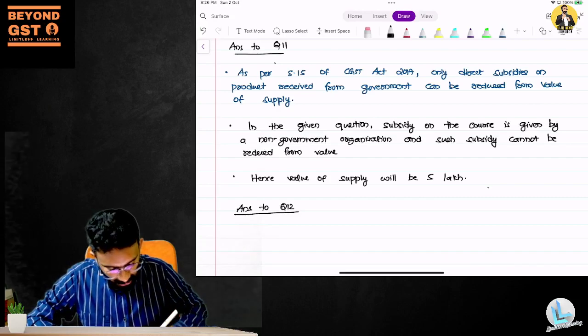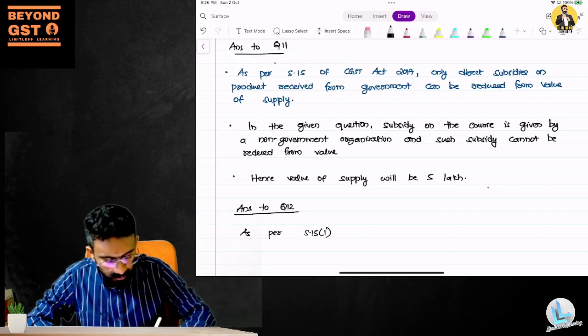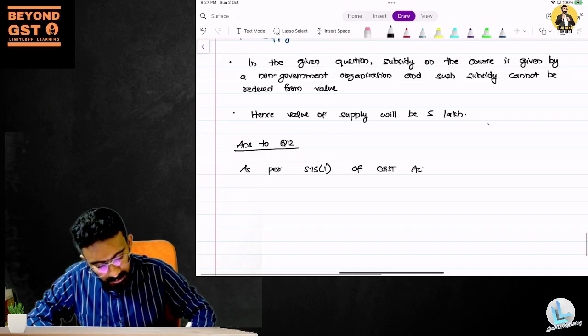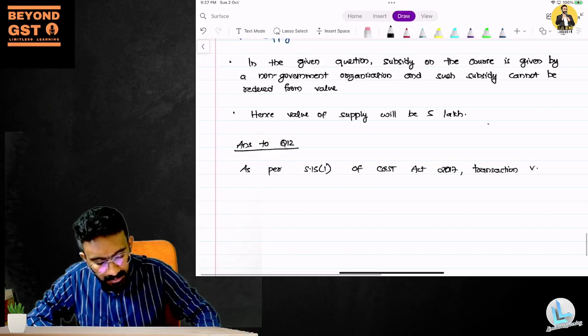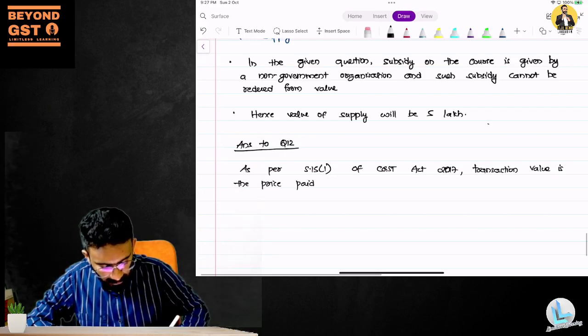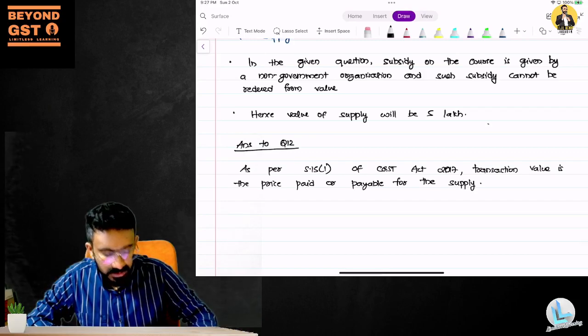Here the answer would be as per section 15 subsection 1 of CGST Act 2017. What is the definition of transaction value? Transaction value is the price paid or payable for the supply.